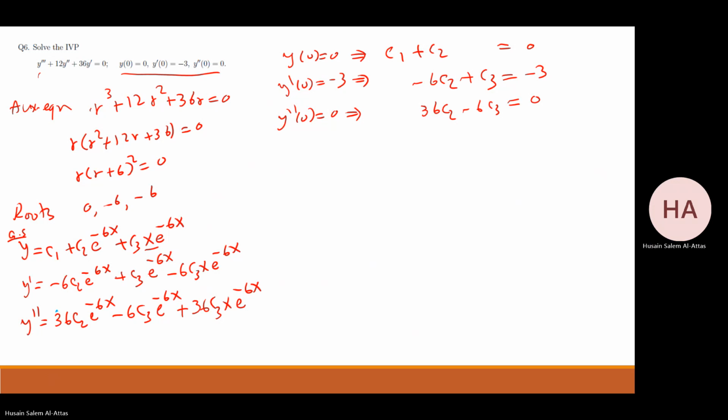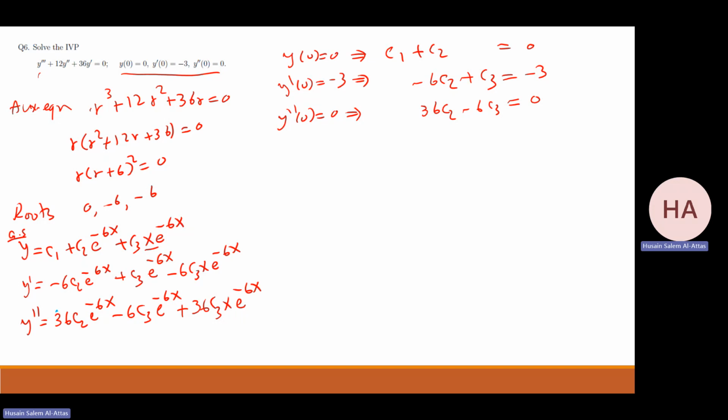Okay. There is something wrong. Yeah, x equals 0, C1 plus C2 e to the minus 6x. Yeah, minus 6C2 plus C3 minus 6C3.